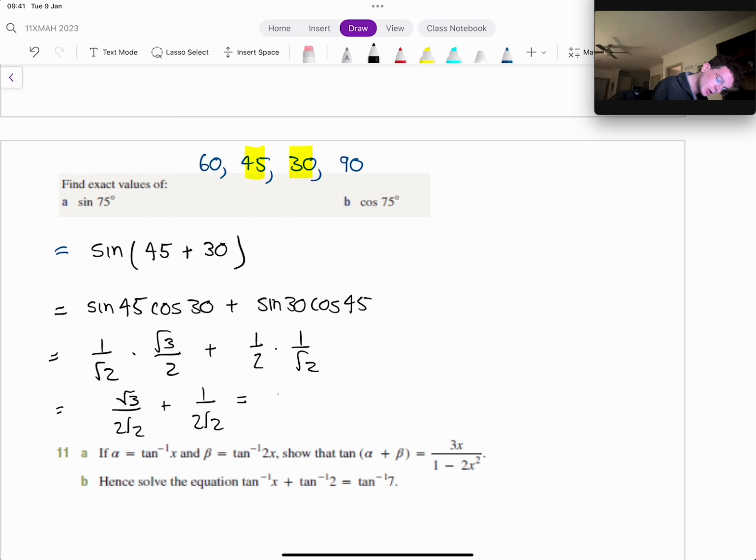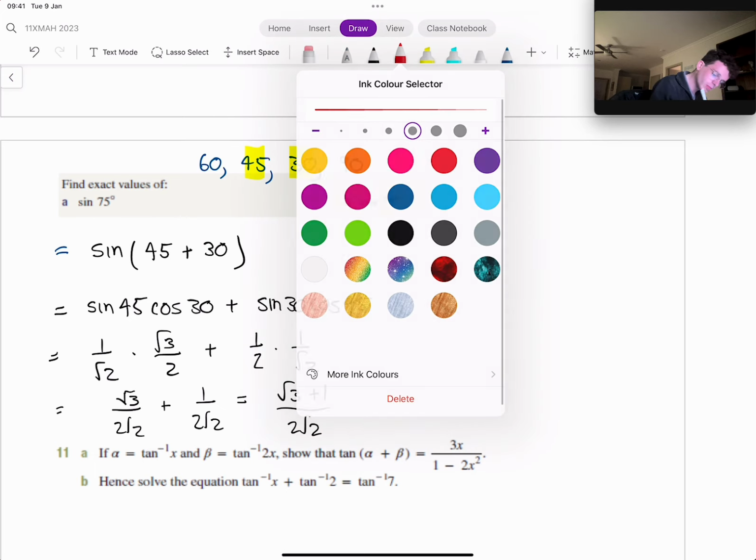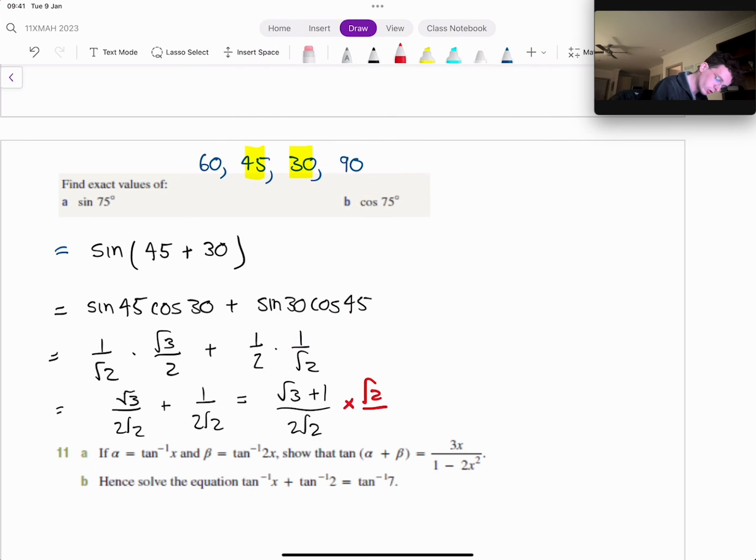Plussing that together, we get root 3 plus 1 on 2 root 2. Now we rationalize the denominator by timesing the top and bottom by root 2 on root 2. We get root 6 plus root 2 on 4.